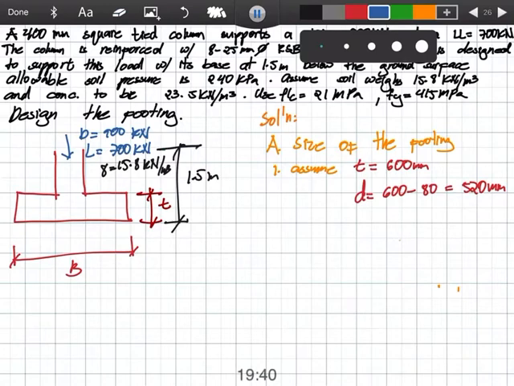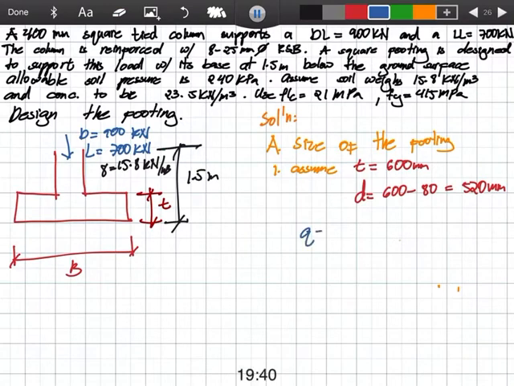Q allowable is equal to 240 minus summation of gamma D. Ano yung summation of gamma D? Effective stress yan.